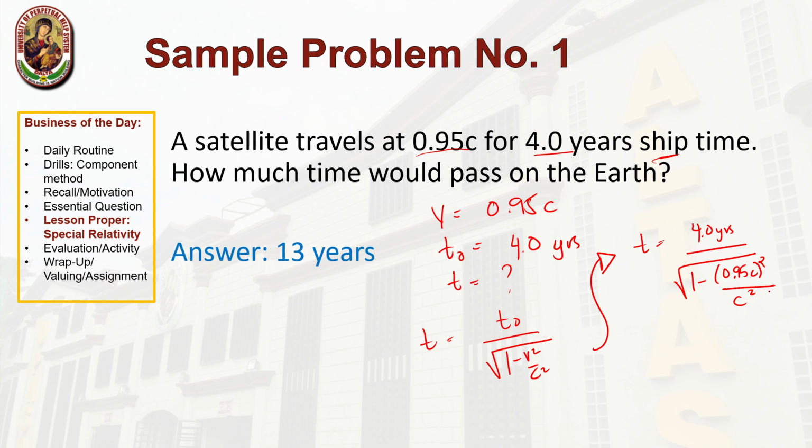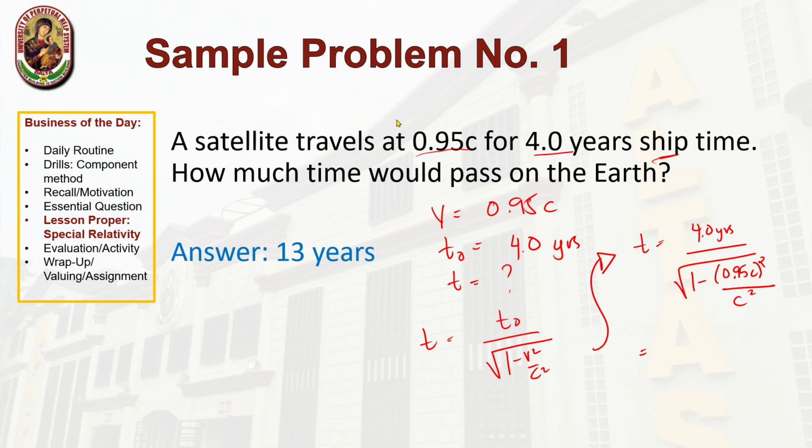Because if you're going to notice here, it will just be cancelled out. 'Di ba? So kapag square ka, ganito gagawin guys ha. You have to take note, the 0.95 and C, both of them are inside the parentheses and they need to be squared. Okay, so each of them needs to be squared.